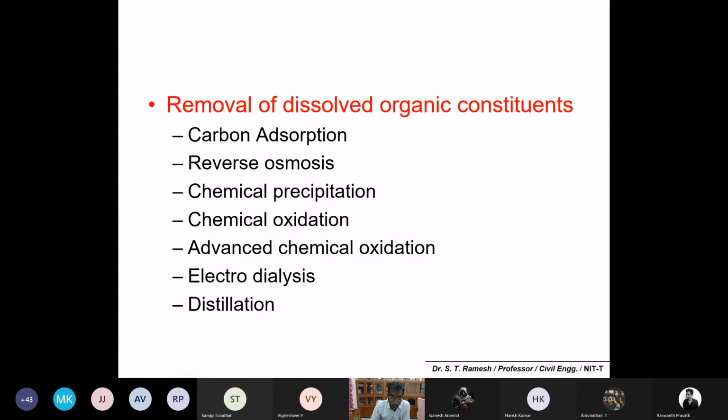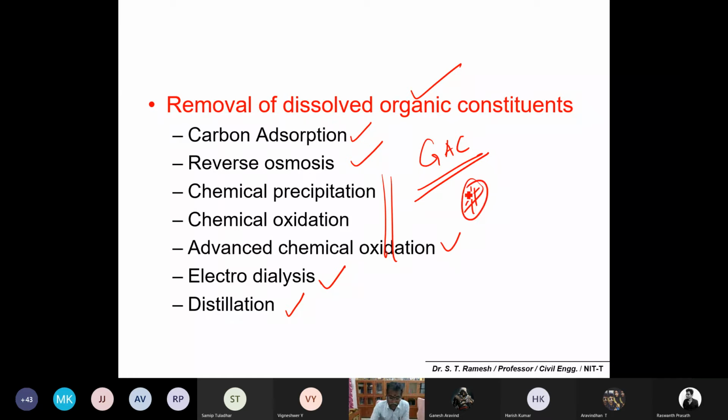And if you want to remove dissolved organic constituents, in the dissolved form, you can use adsorption techniques. You would have seen GAC columns in your households, granular activated carbon, for the removal of dissolved organic constituents. Or you can use reverse osmosis, dialysis, distillation units, or chemical addition, chemical precipitation, chemical oxidation, or advanced oxidation processes.